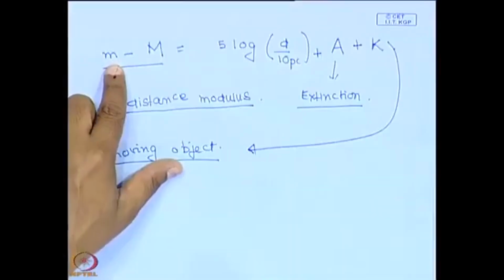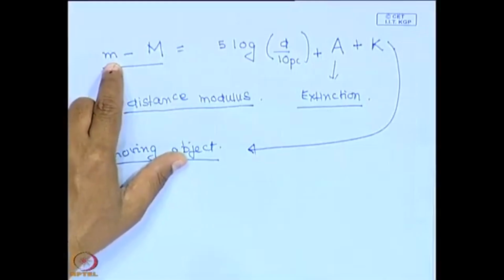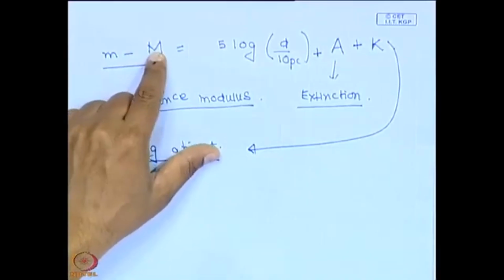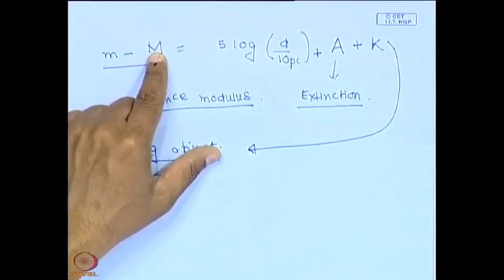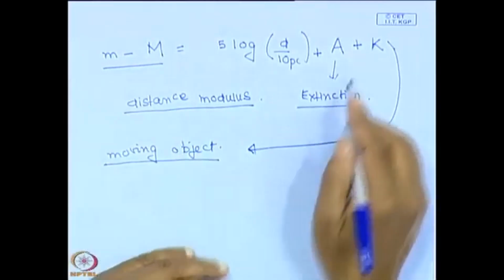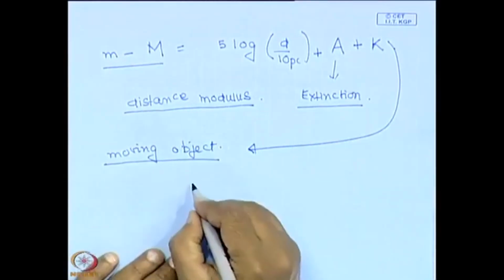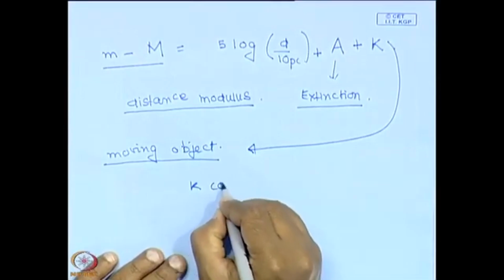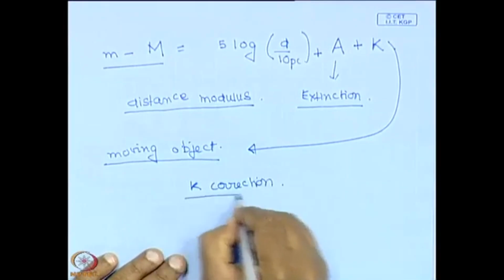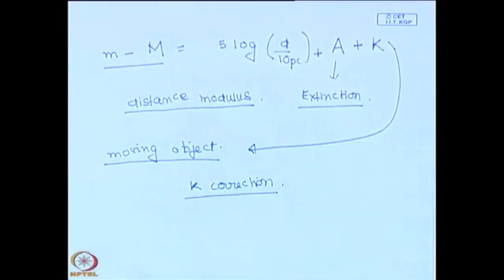This refers to the apparent flux, the apparent magnitude, and this refers to the flux in the rest frame of the object. That is incorporated through the K correction, and it is important in cosmology, where the sources are all redshifting away from us.